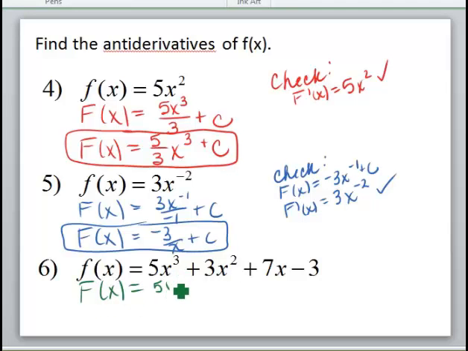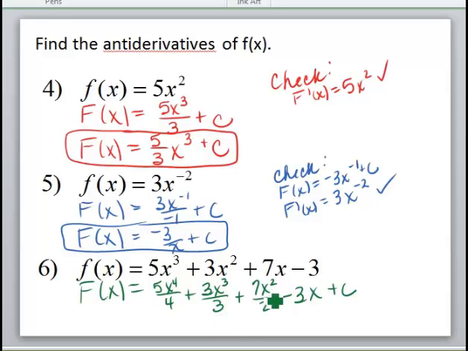We have 5x to the fourth over 4 plus 3x to the third over 3 plus 7x to the second over 2 minus 3x plus c. I know I went through that very quickly, but I'm using the same rule every time. Keep the constant, write down your x, raise your power by 1, put it over that same power. Plus, keep your constant, write your x, raise your power by 1, put it over that same power.